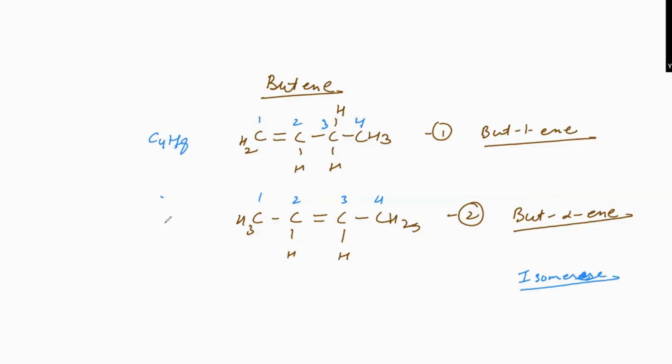Here also the formula is C4H8. The formula is the same, but the structure is different. So these are known as isomers. The definition of isomers: same formula, but different structures.